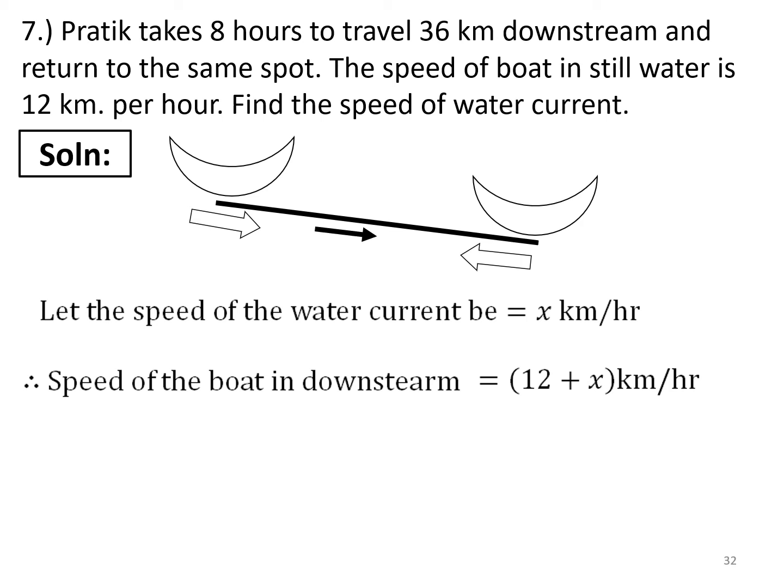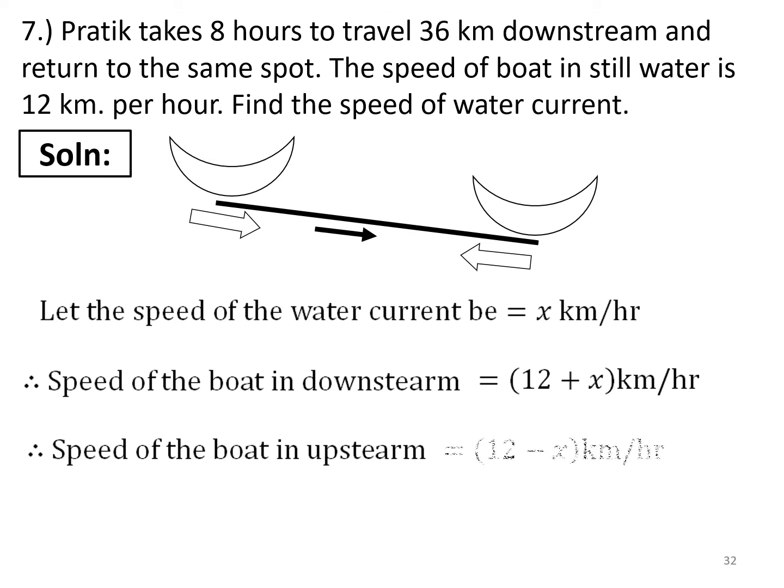The speed will decrease and therefore the speed of the boat in upstream will become 12 minus x kilometers per hour. It will take a longer time to reach. I hope it is understood why it is 12 plus x in downstream and 12 minus x in upstream.